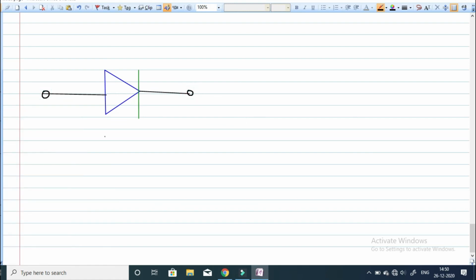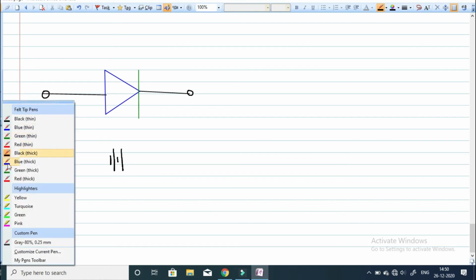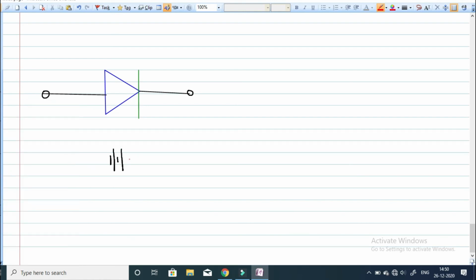Now we are connecting it with an external source like a battery. Suppose here is one variable battery, with negative and positive terminals. In the reverse sense, we are connecting it. The n-type semiconductor is connected with the positive terminal like this.